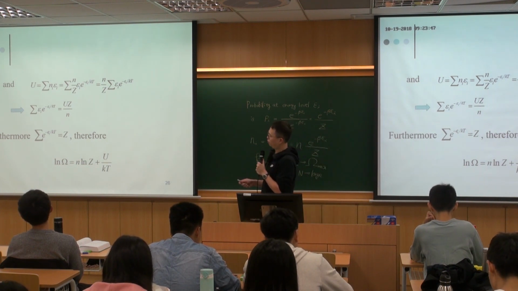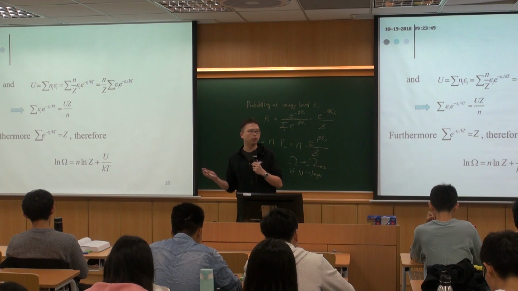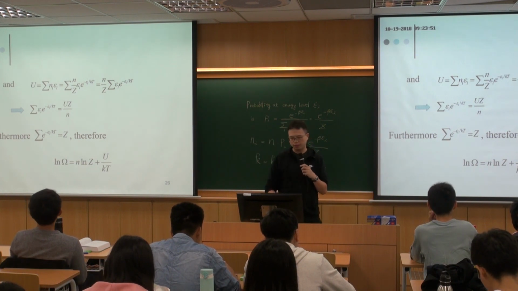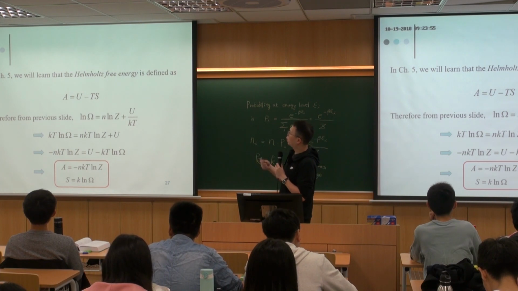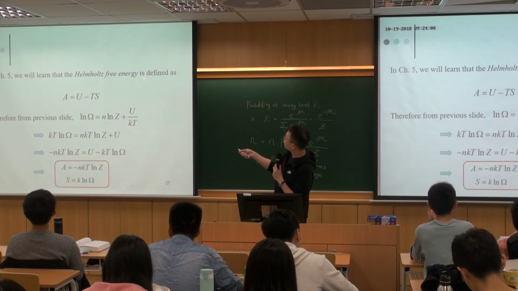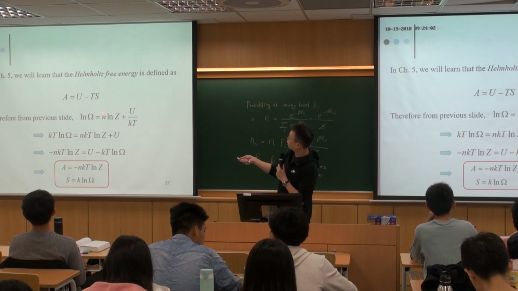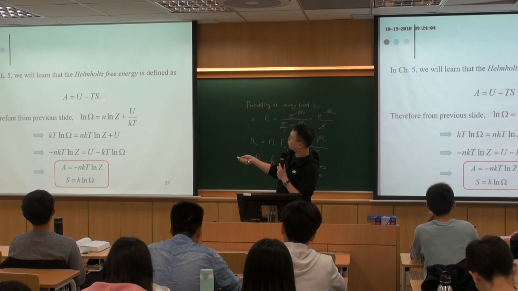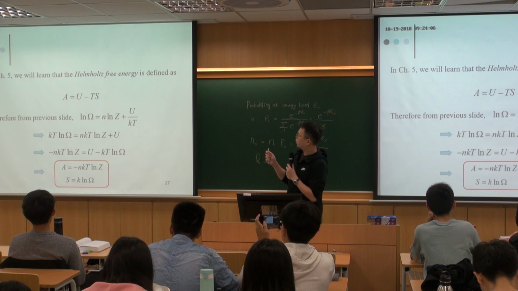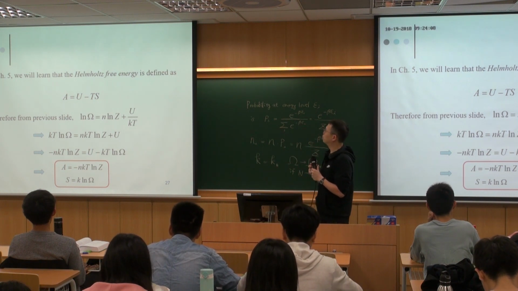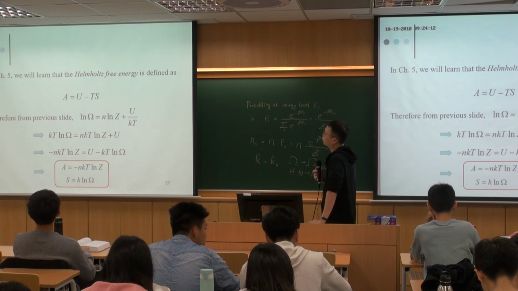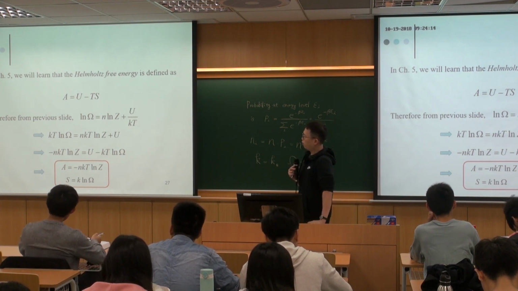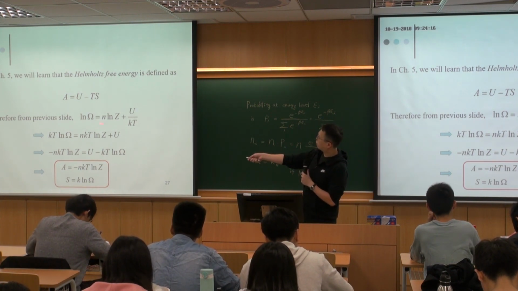At first glance, if you just look at it, this seems to mean nothing. But in chapter 5, and we already mentioned this last time, the Helmholtz free energy is defined as U minus Ts. So this is the energy that we used last time to describe the maximum work that a system can release. And therefore, from the previous slide, we have this expression.